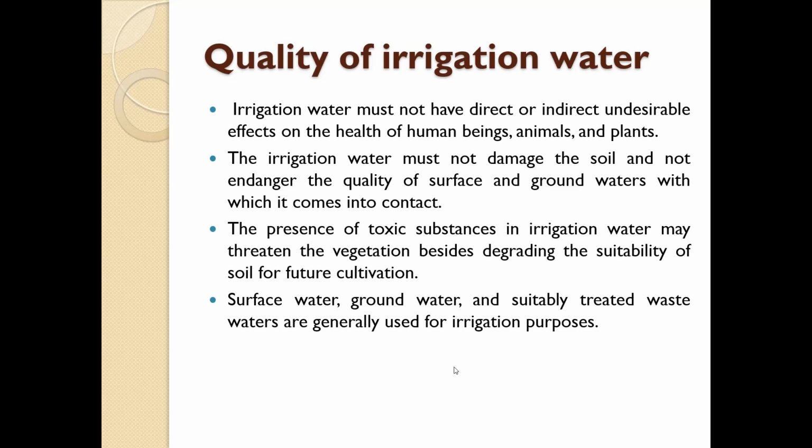Surface water which is available in the river, and groundwater which is suitable for drinking, which is not polluted or does not have any kind of toxic substances, and suitably treated wastewater, those are generally preferred for irrigation.